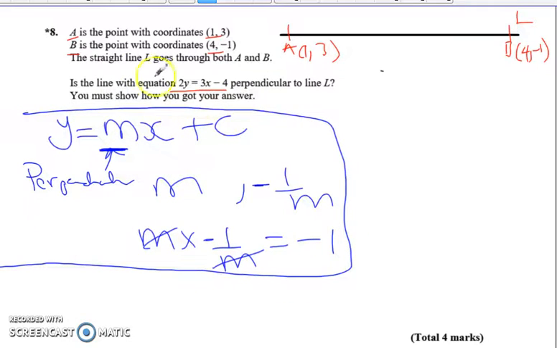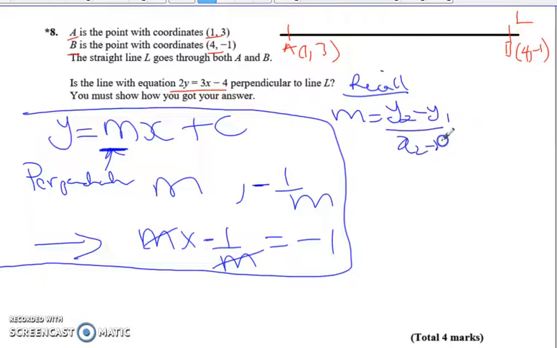So in solving this particular question, that is what we want to achieve. We're going to concentrate on the gradient of both lines and then use this principle, the product of the gradients, and see if we get -1. Let's start with the first one, the gradient for L. You would need to recall that the gradient m is given by y2 minus y1 over x2 minus x1.